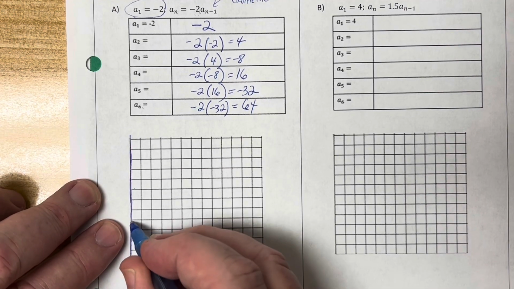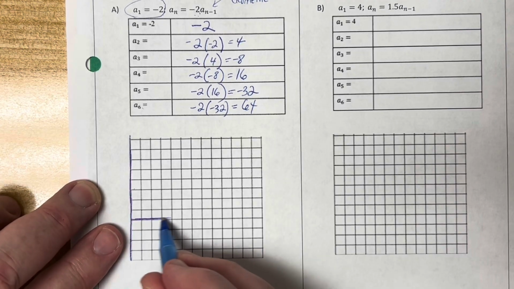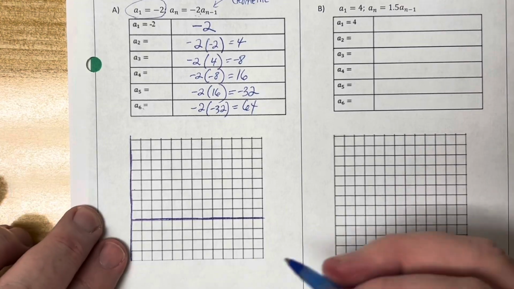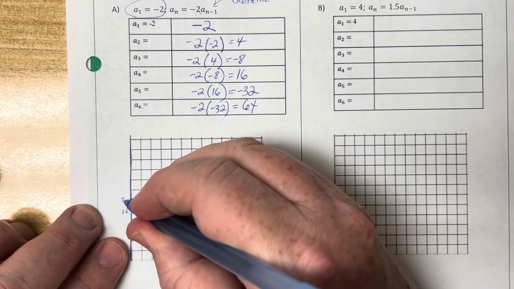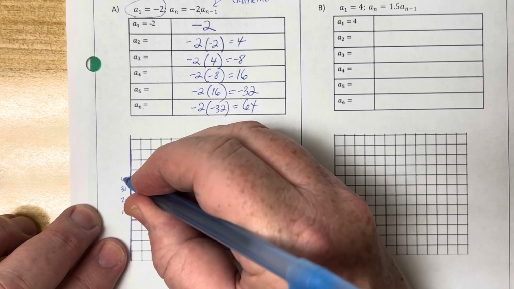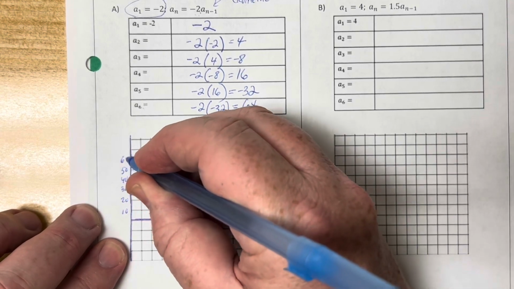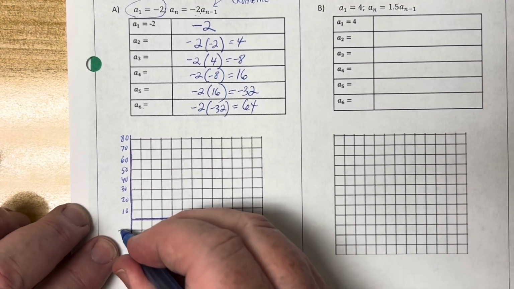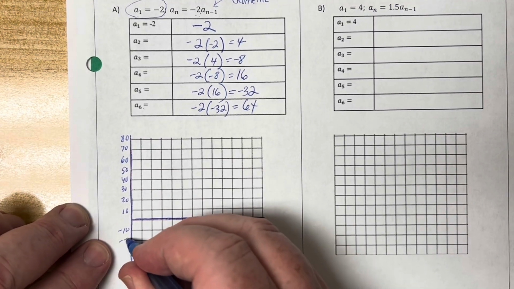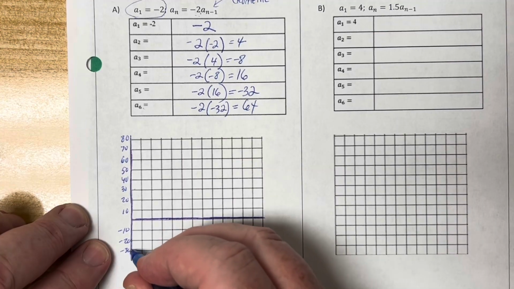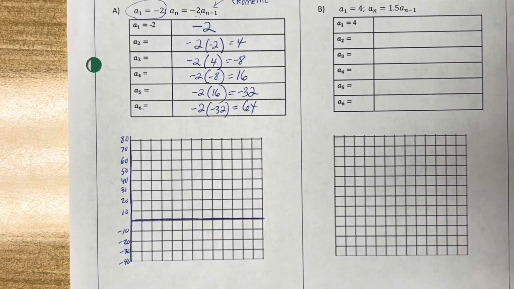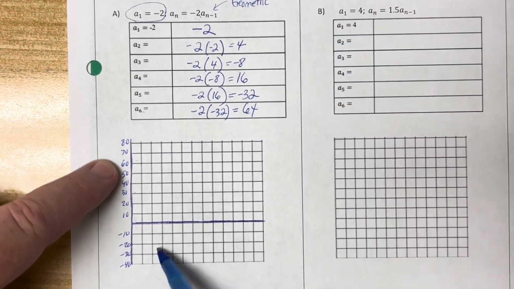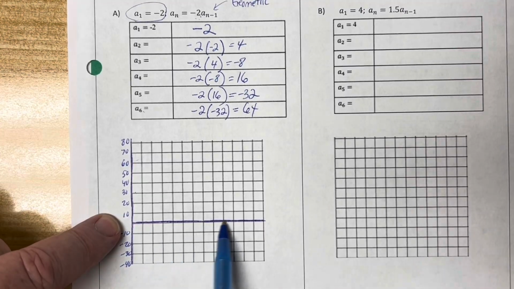Then I'll make my x coordinate here, and each of these is going to be 10, 20, 30, 40, 50, 60, 70, 80, and then -10, -20, -30, -40. These are my terms.